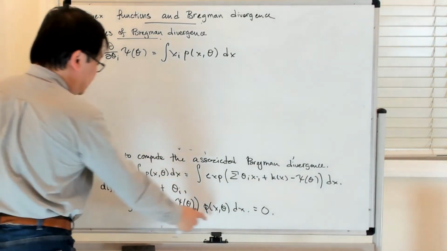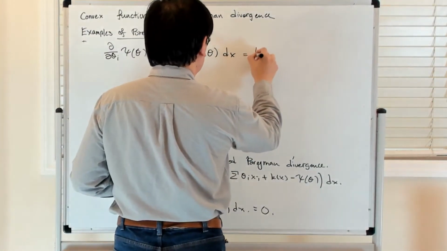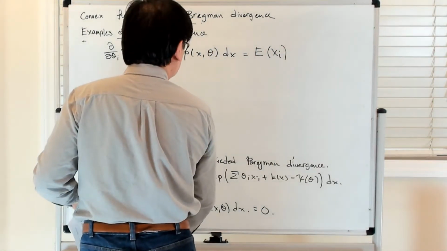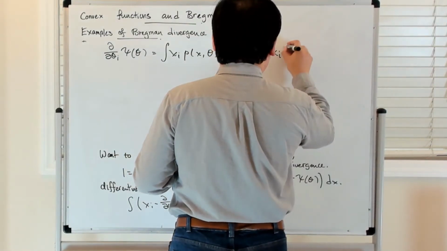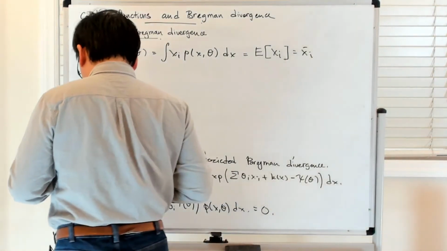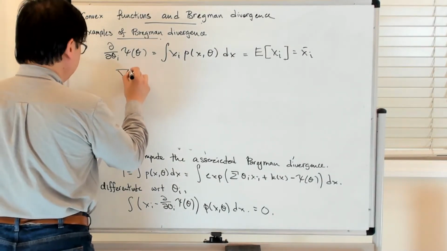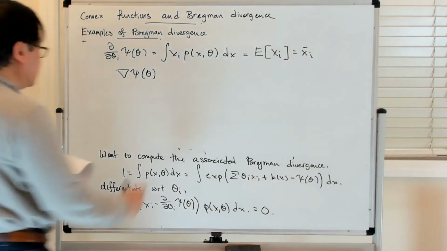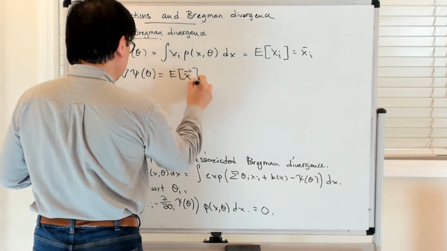And then the other piece is this thing here, which is obviously just the expectation of xi, or xi bar. Okay, so that's telling you that the gradient of this normalization factor is just the expectation of the vector x.